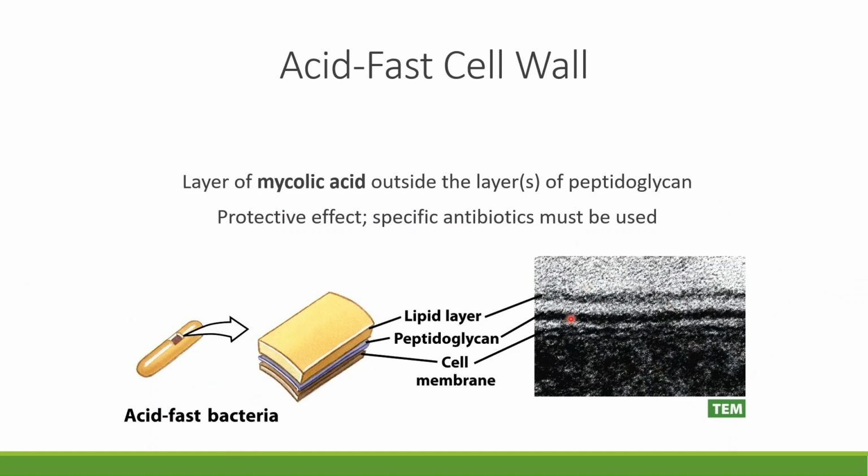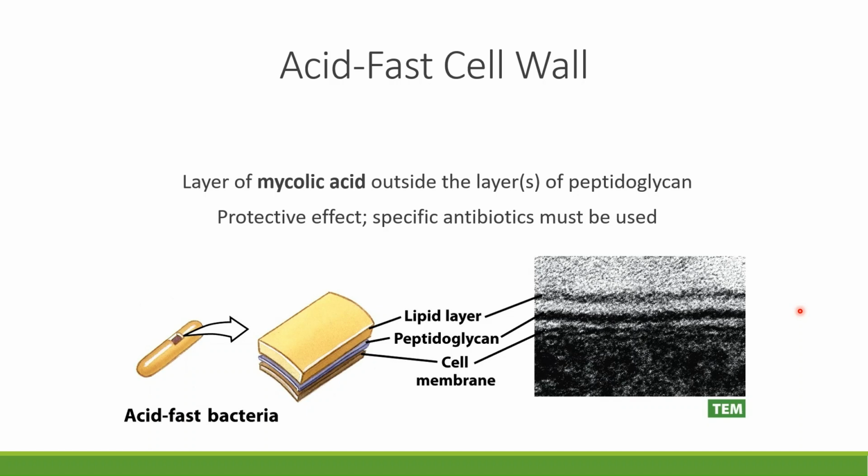Kind of what you see in these images here in this electron microscope. Now, while we are discussing the cell wall, acid-fast cells have yet another chemical called mycolic acids outside of their cell wall. These are waxy substances that help protect and shield the cell, similar to how the glycocalyx works.